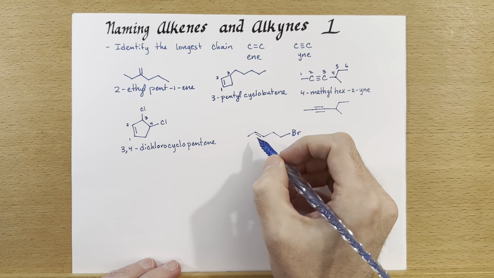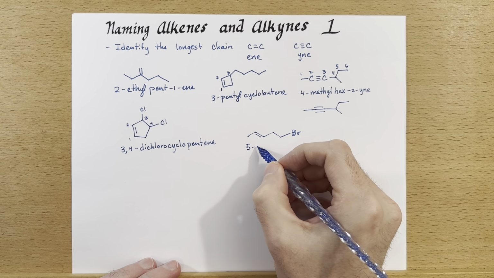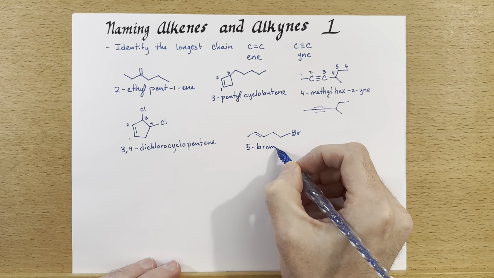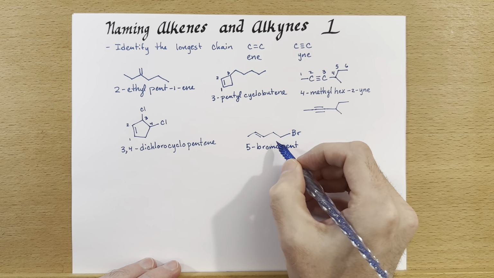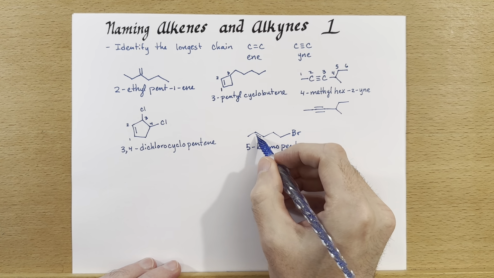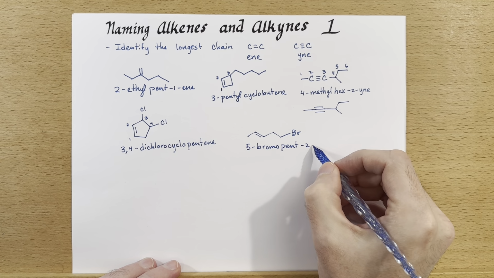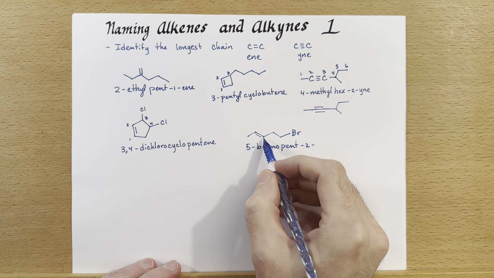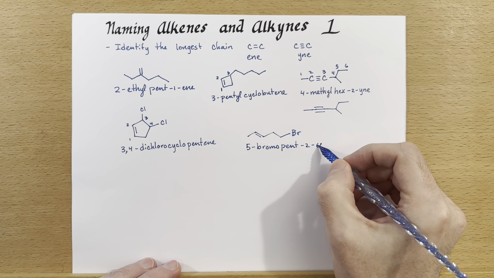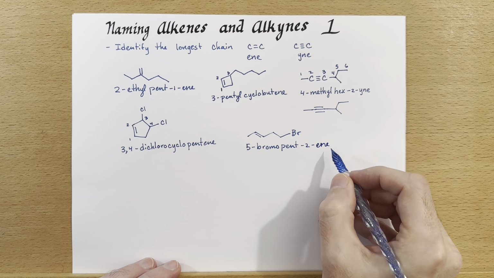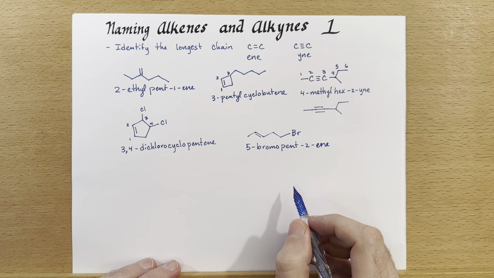That's the 5th one. So this is 5-bromopent, and then this is on carbon number 2. Well, it's between 2 and 3, but you always pick the lower of the 2 numbers. Ene. Like that.